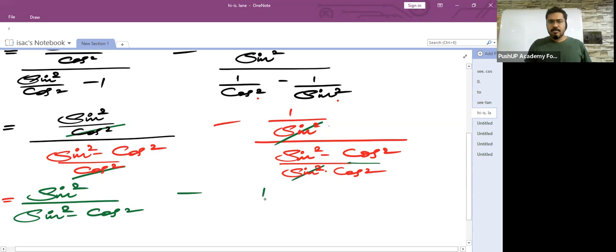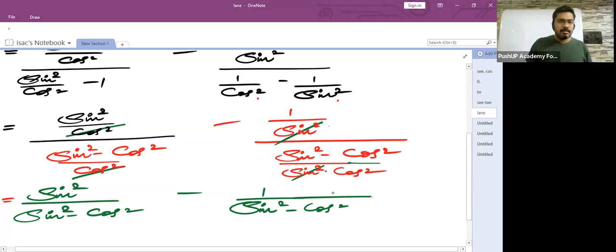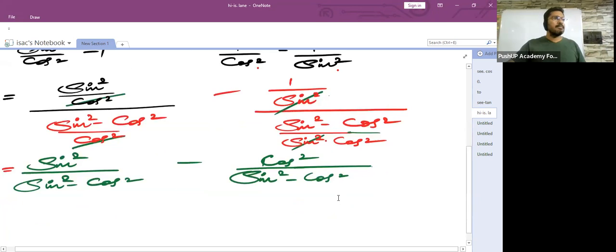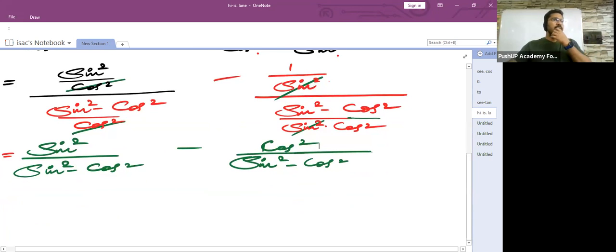So it's like 1 whole divided by sine square minus cos square. I'll write it in the next step. Oh, you want to directly write it? Now it's correct? Cos square upon sine square minus cos square.